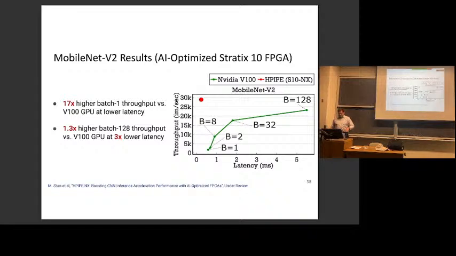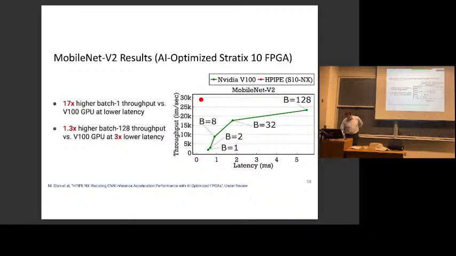And this is now on a different neural network, one that's also pretty accurate, but more targeted at resource efficiency. This is what HPipe gets on that AI-optimized FPGA. It gets a very low latency, well under a millisecond, and a high throughput: on one chip, you can do about 30,000 inputs per second.